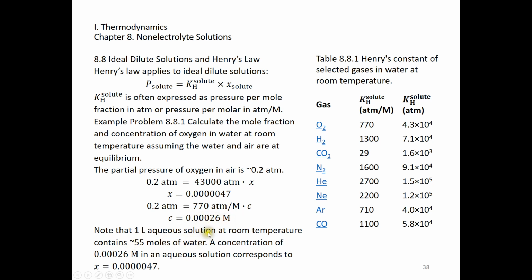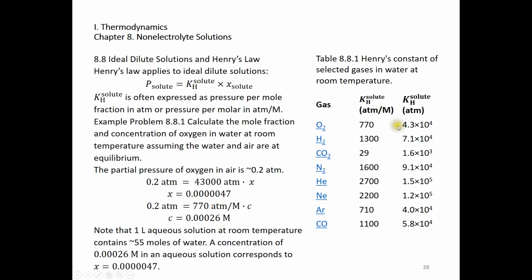And then you can simply compute its mole fraction. The mole fraction is roughly 0.00026 divided by 55, which is 0.000047. That's just the mole fraction of dissolved oxygen in water.